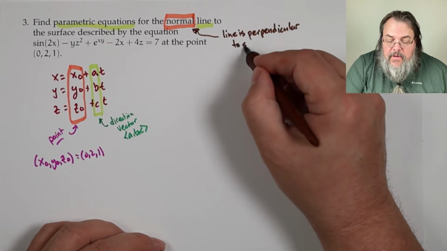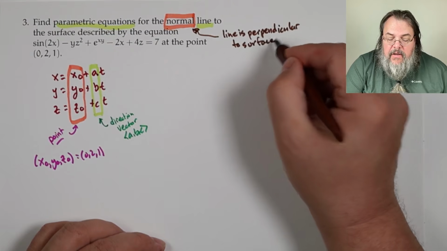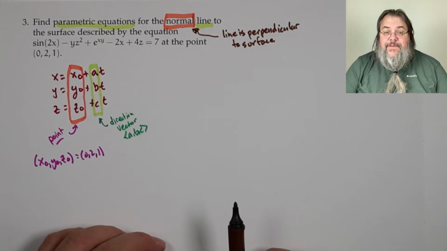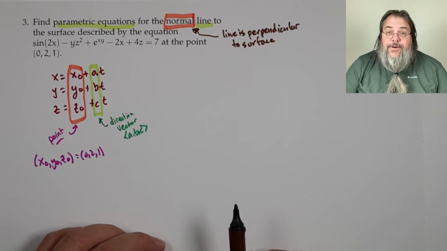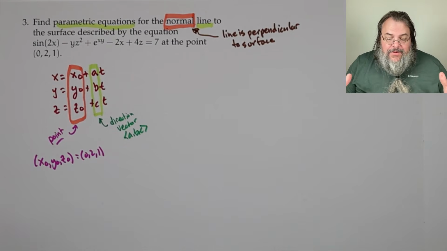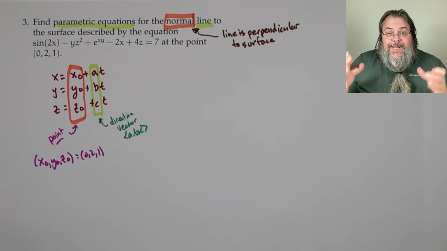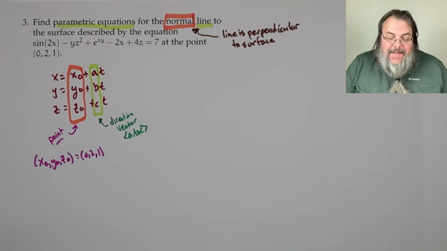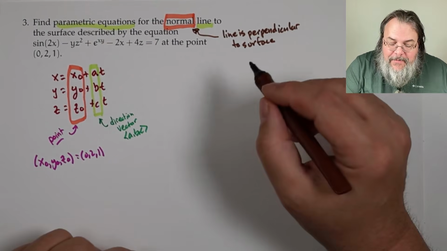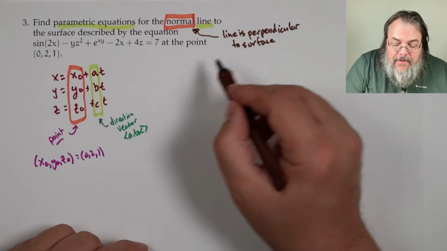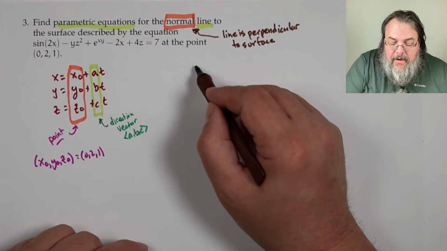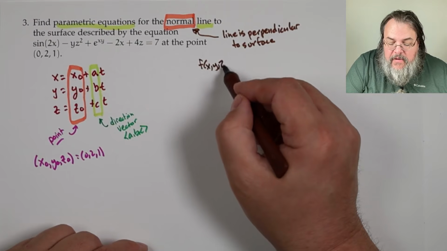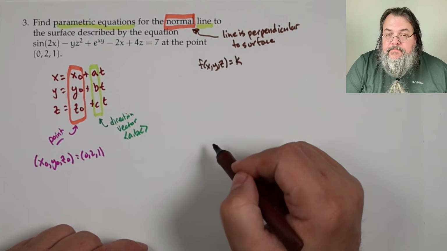Now that's pretty useful. Okay, so the direction vector has to be perpendicular to the surface. Now, here we have this surface. What thing is perpendicular to a surface? And that is the fun idea: if you have this, I'll call it f of x, y, z equals k.